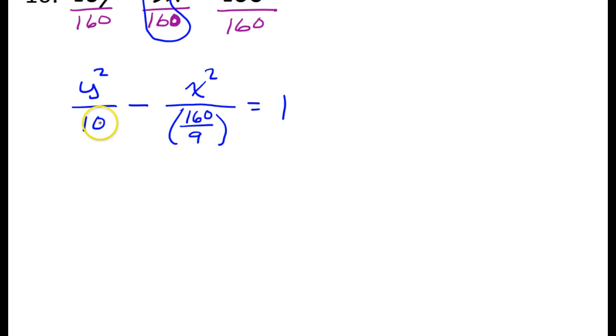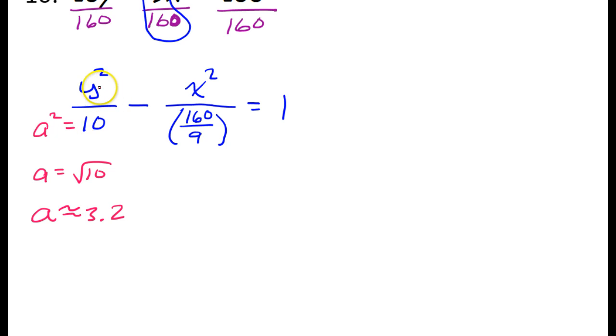Alright, now I need to find my vertices. The denominator of the positive term is the one that we call a squared. So that means a is going to be the square root of 10. For graphing purposes, I need a decimal approximation. So the square root of 10, that's approximately 3.2.